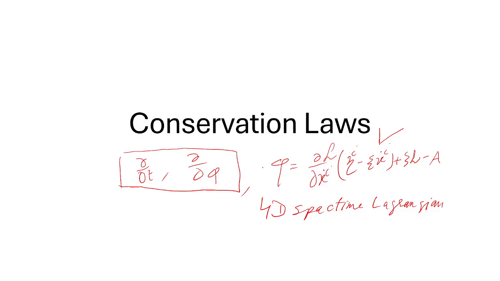So let's do it on the other slide. Okay, so let's find the conservation law corresponding to ∂/∂t. Here η^0 is 1 and ξ is 0 and A is also 0.